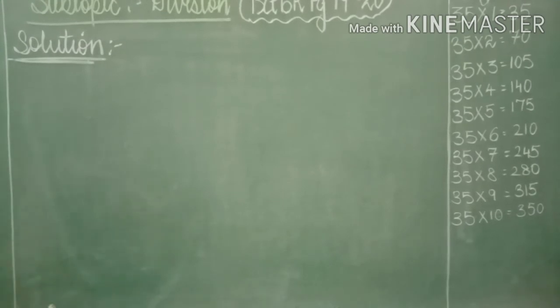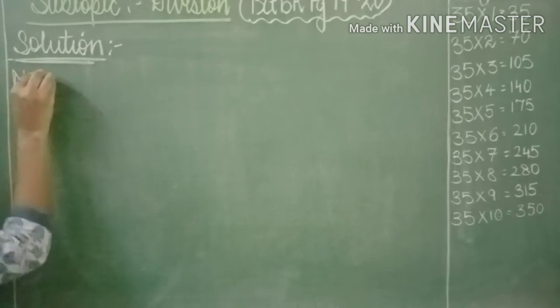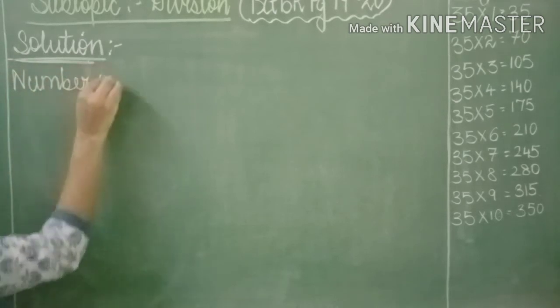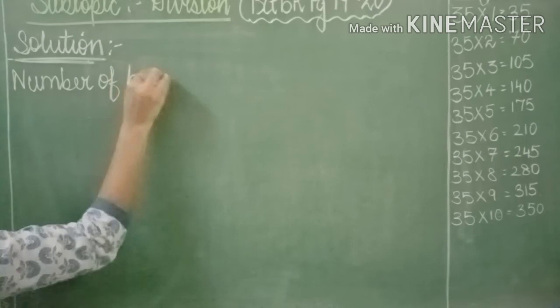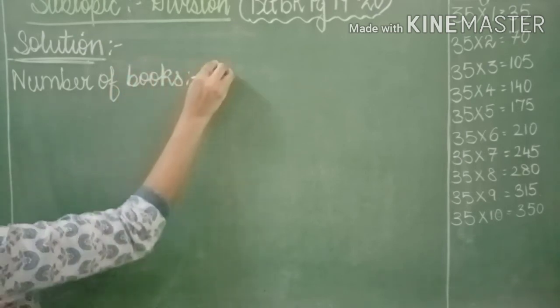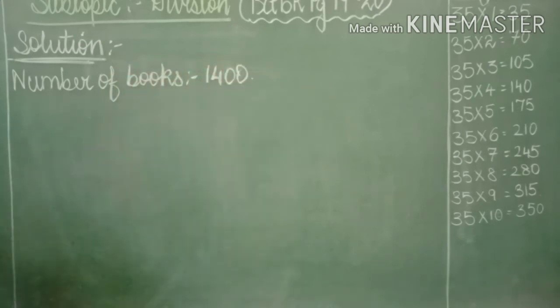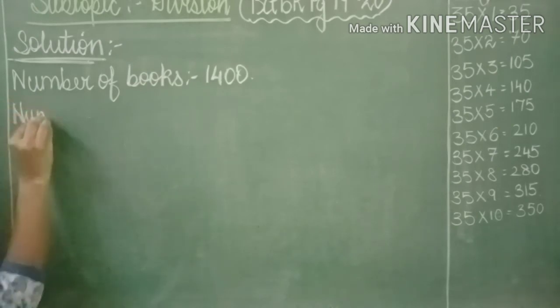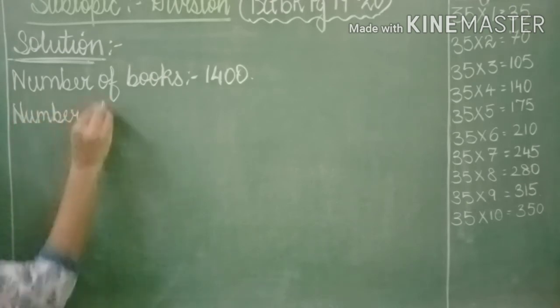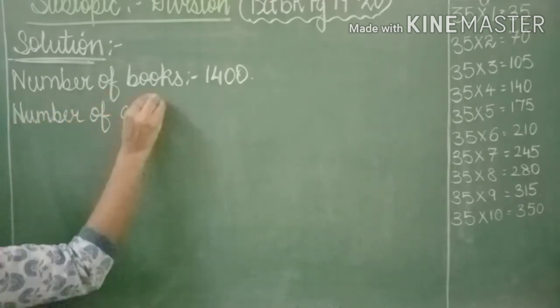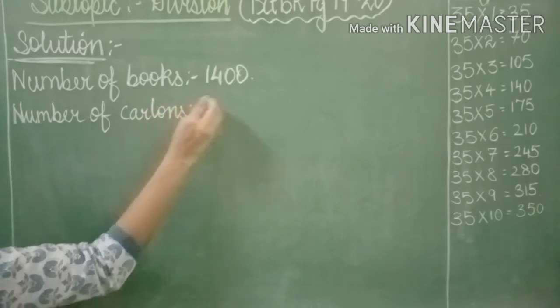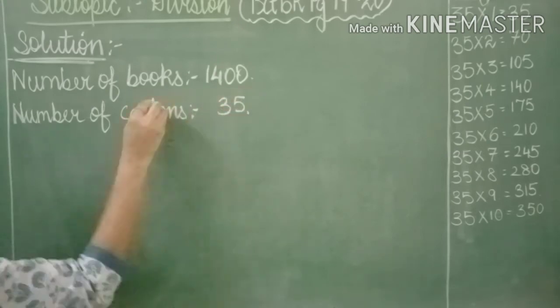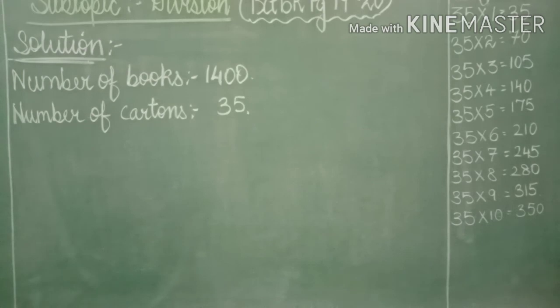Let's start. The number of books we know is 1400. Number of cartons is 35. So we have to see how many books were packed in each carton.